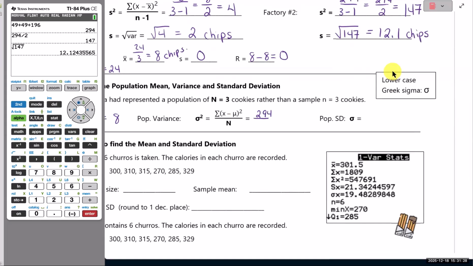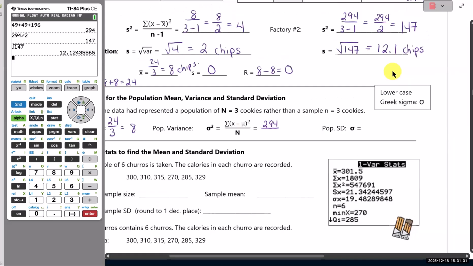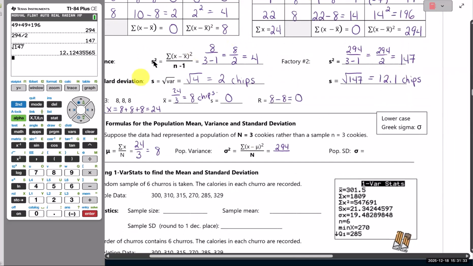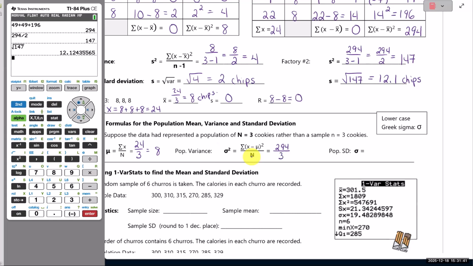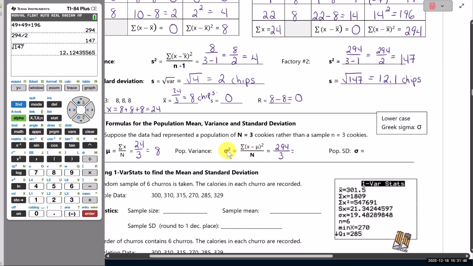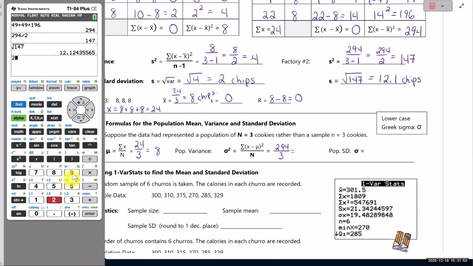But here's the difference. With variance, for a sample, we divided by n minus 1, but the variance for population is just N. There's no minus 1. So now, not only do we have a different symbol, sigma squared instead of s squared, numerically, we're going to get a different answer.